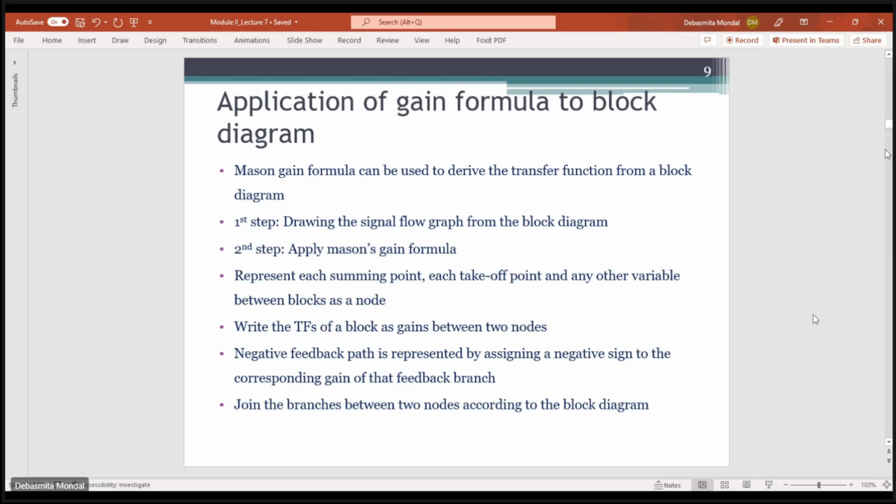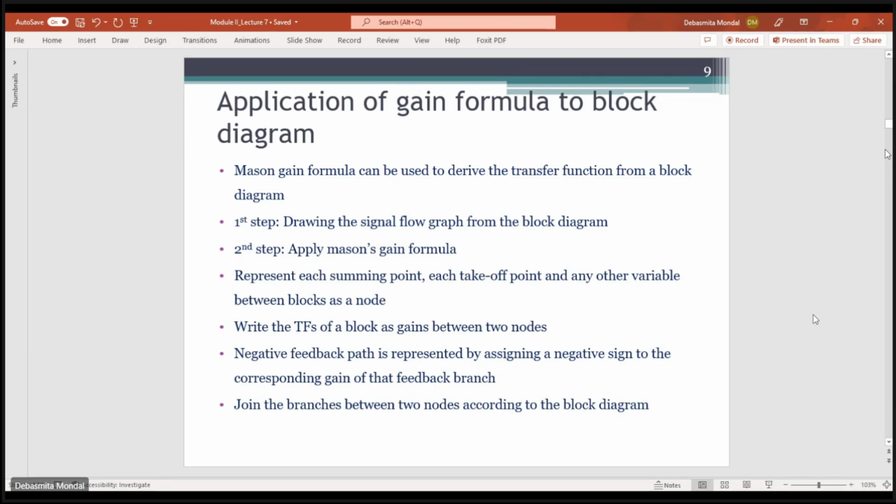So the first step is to identify the nodes in the block diagram. Which ones correspond to a node? If there is a summing point, that becomes a node. If there is a takeoff point, that is also considered a node. If there is a point lying between two blocks, that is also considered a node.